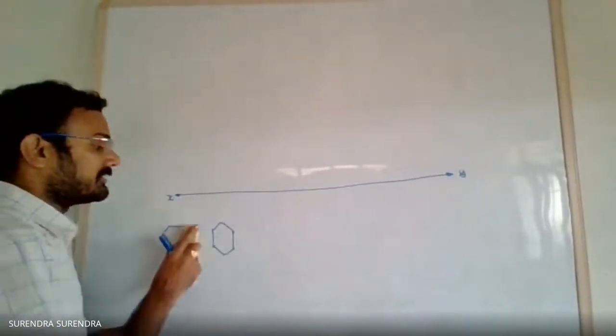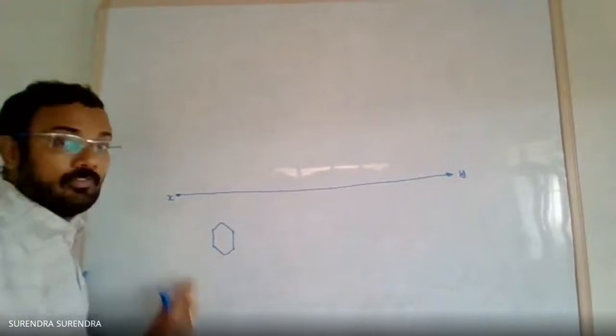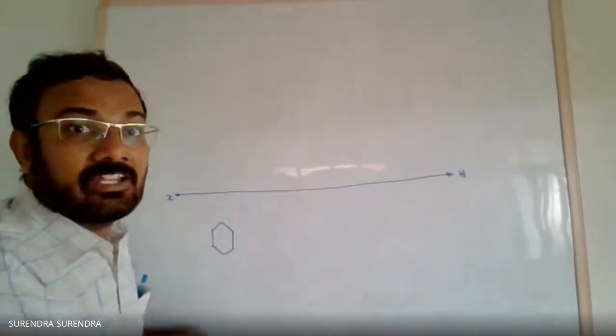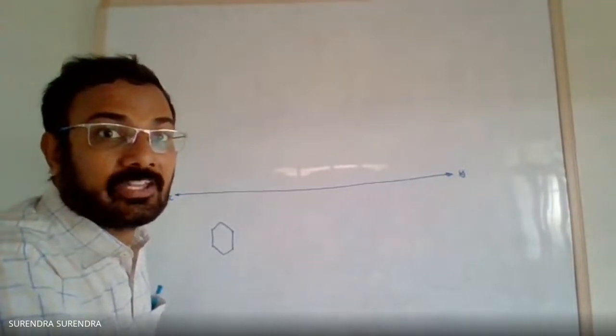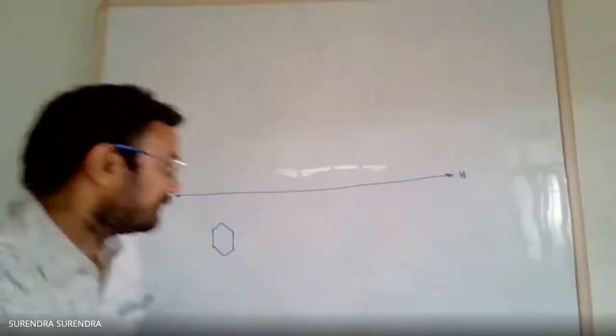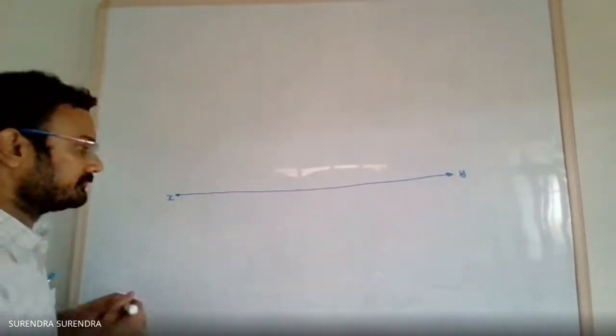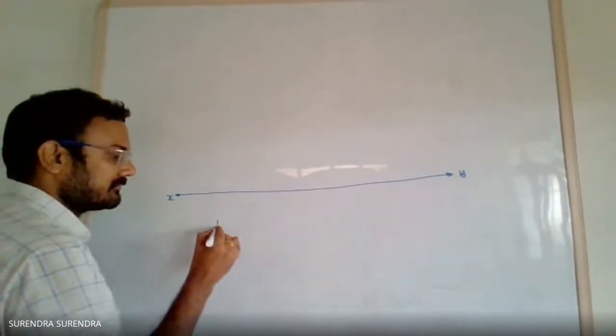So, following the same rule, we will draw the hexagon with edges perpendicular to the xy line in top view. I am redrawing this.